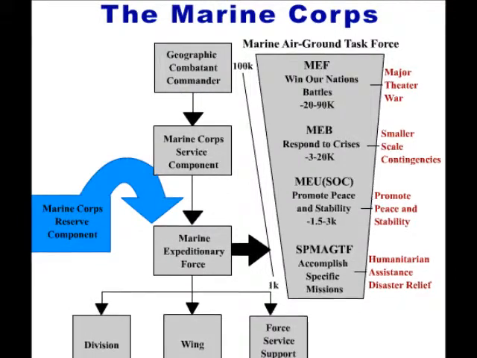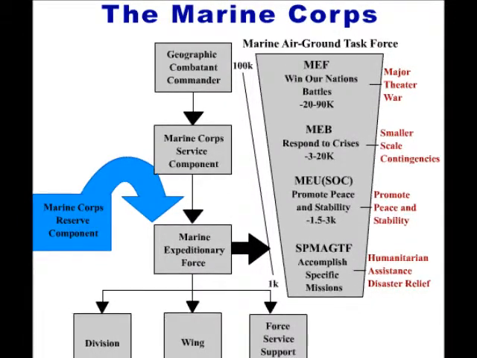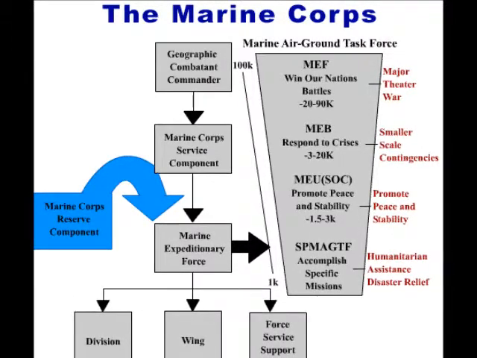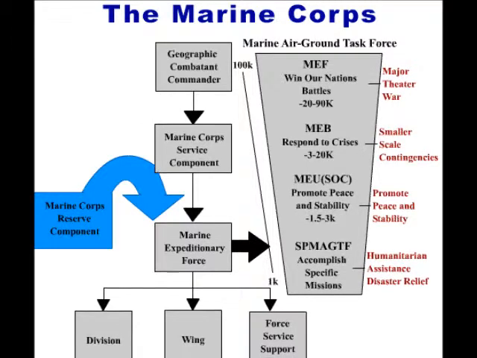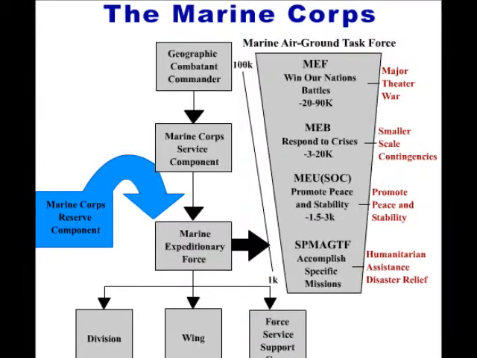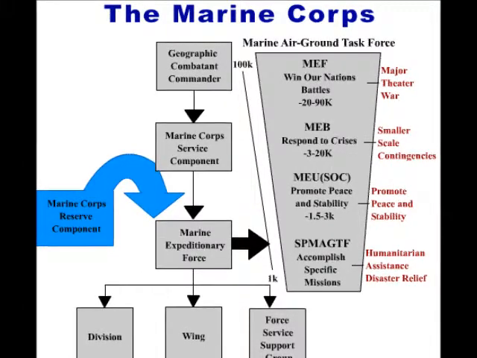Then you have the MSSG, which is the Marine Service Support Group, your logistics specialists who are in charge of supplies and that kind of thing. Medical, dental, maintenance, engineering, in order to keep the equipment running and in good repair.